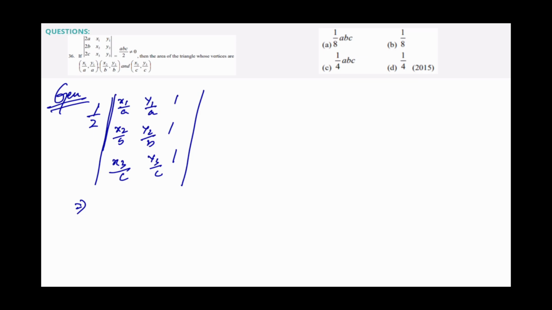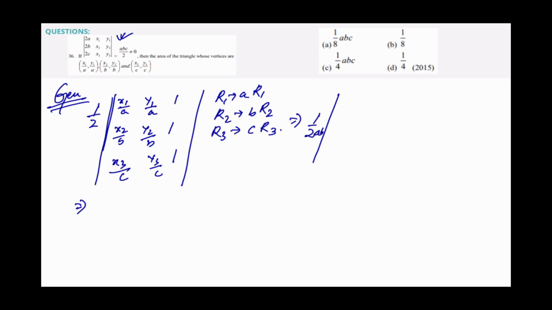Now, what we're going to do is multiply row 1 with a, row 2 with b, and row 3 with c, because we need it in this form.